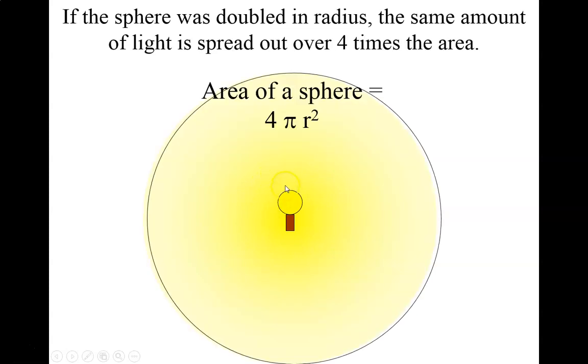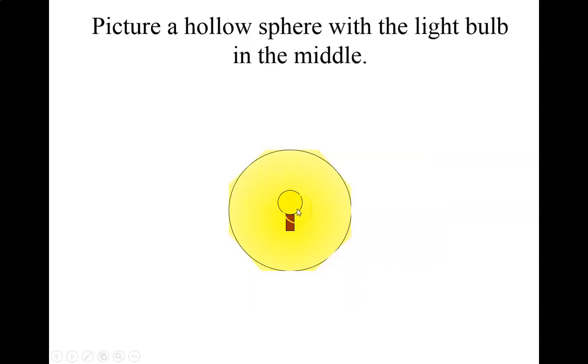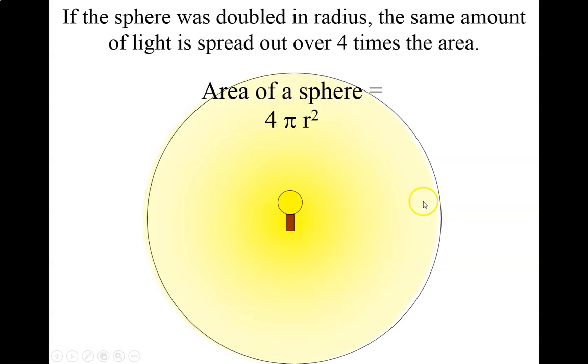Now, if I double the radius of that sphere, that light would be spread out over a sphere wall which is 4 times as big, because the area of a sphere is 4 pi r squared. So that light is spread out over 4 times the area, and therefore it's going to be 4 times as dim on the walls. Similar to the pizzas.